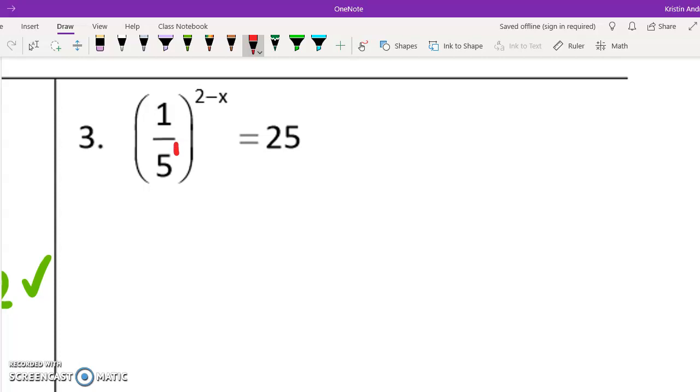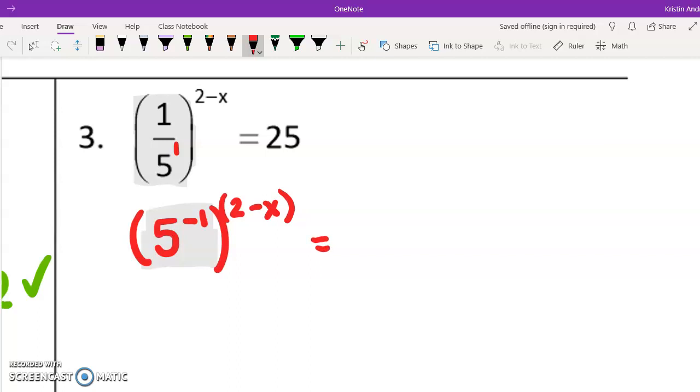Do you remember how we can bring a power up to the numerator? We can do that if we make it 5 to the negative first. So all I'm doing here is I'm taking this 1/5 and writing it as 5 to the negative first, which is equivalent. I still have a 2 minus x exponent on the outside of that.